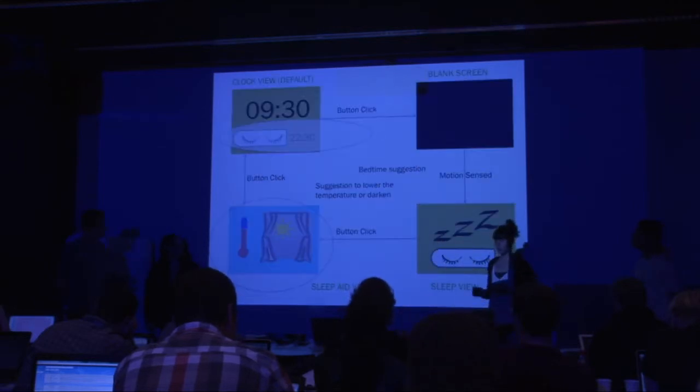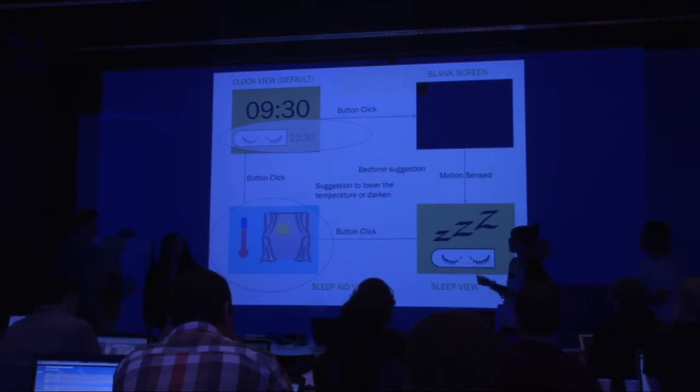Our functional prototype has basically 4 views. The initial view is the clock view, so it displays the current time and the suggested bedtime for tonight. When you go to bed, you click the screen and it turns black when you fall asleep.